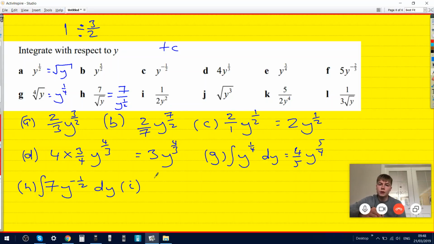No, I'm not sure. Well, that's the same as a half times 1 over y squared. What is 1 over y squared the same as? Y to minus 2. And so that's the same as a half times y to the minus 2.